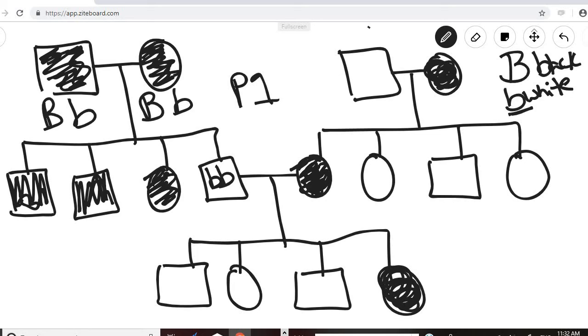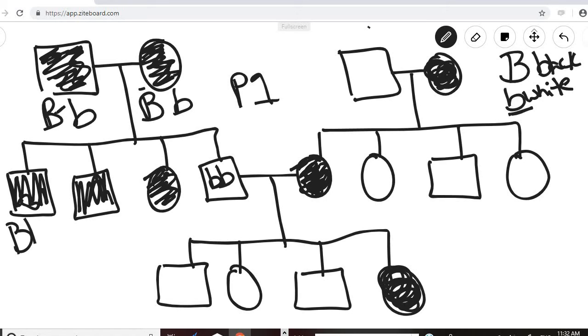we can't really predict what these would be, because they could be capital B, capital B, or they could be capital B, lowercase b, and still be black.